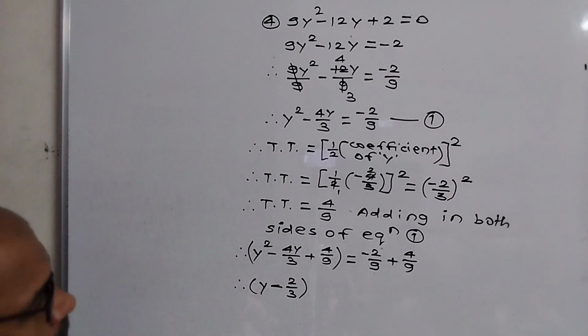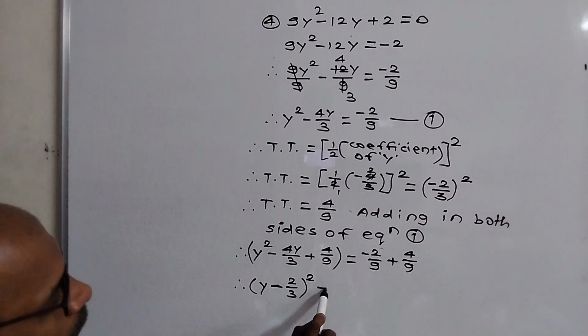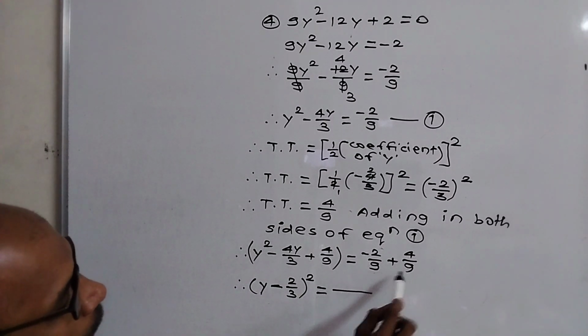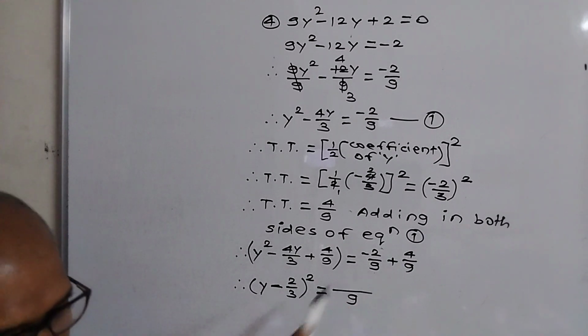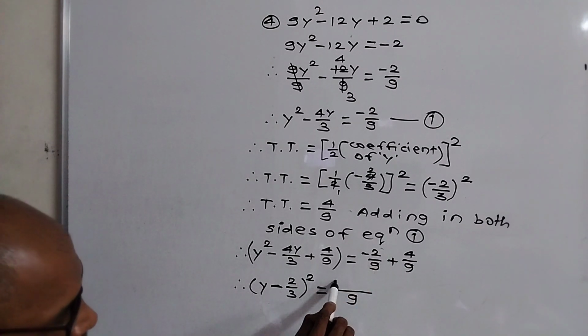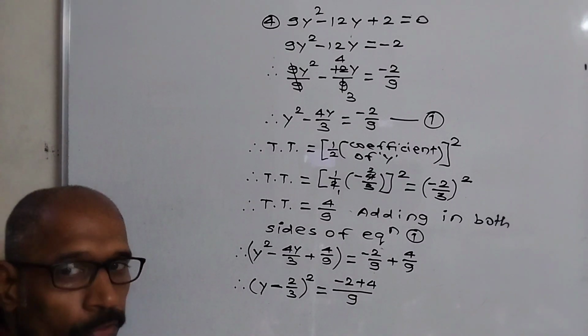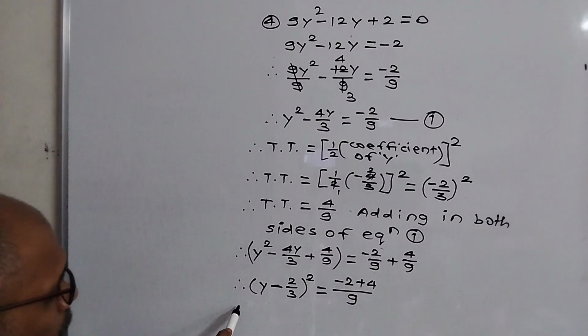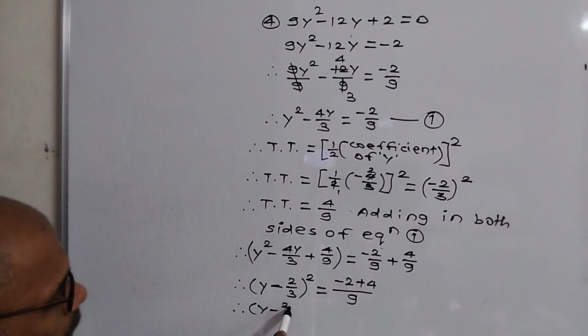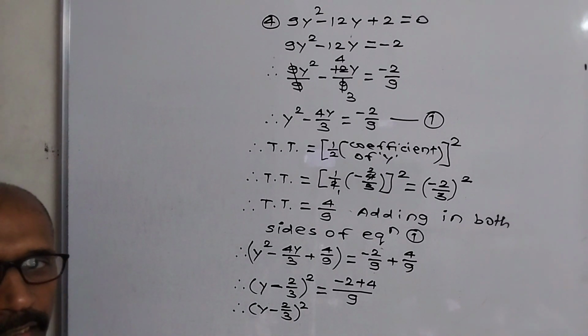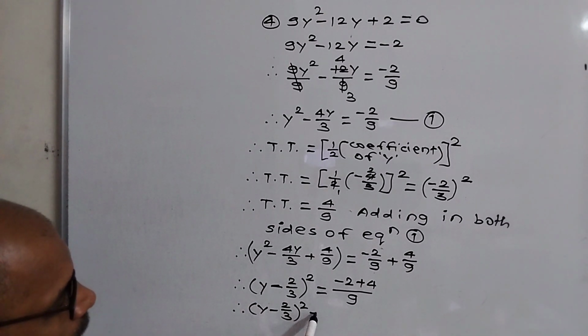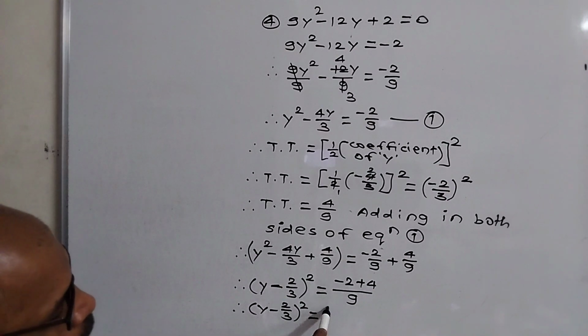Right here, bracket square is equal to, denominator same, write as it is. Minus 2 plus 4. Therefore here y minus 2 upon 3 bracket square is equal to 4 minus 2, 2 upon 9.